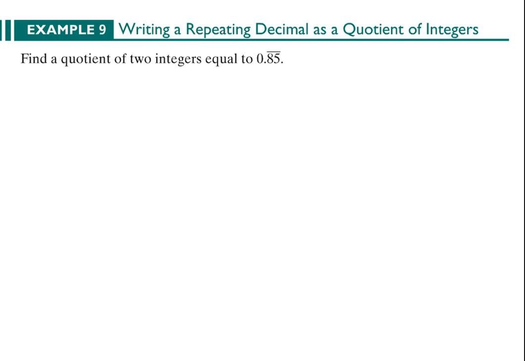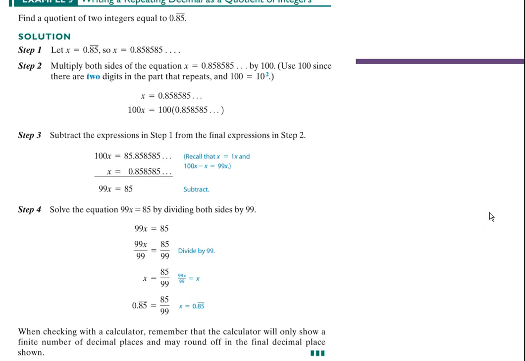Now, this one is a little higher level, so I will show it to you, but we're not going to actually have one like this in our lesson. It's a little bit too advanced for what we're doing. But here's what it looks like. And you see why we're not doing it. They're using the algebra to say x equals this, and 100x then will equal this.